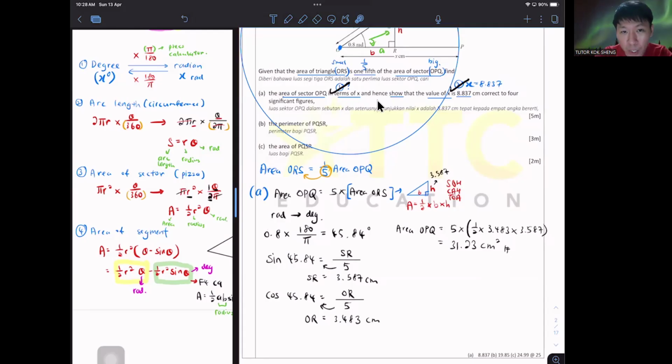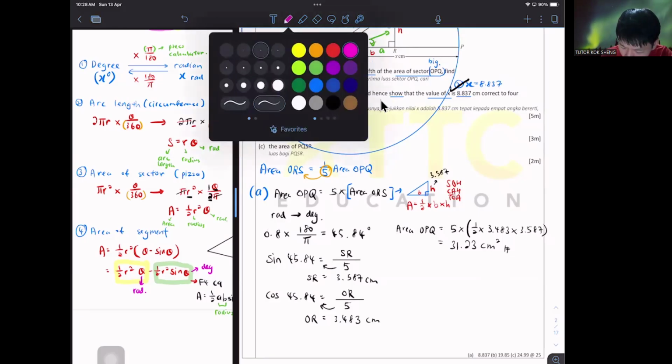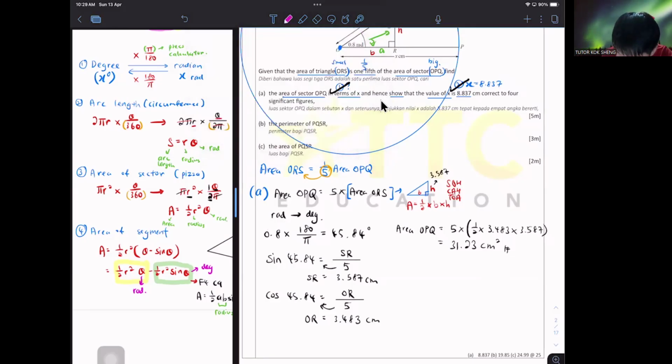And do you see this word here? Actually, we sometimes don't really care about this word. Hence, it means that you can use your previous answer to continue.